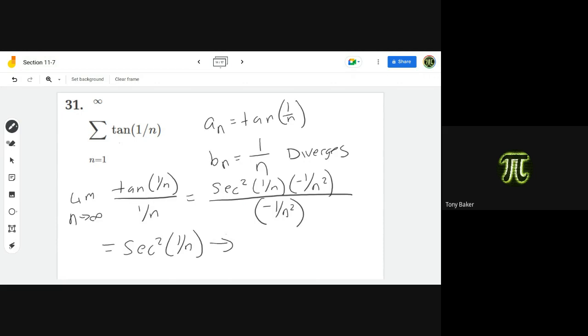So the limit of secant squared of 1 over n, what happens as it goes to 0 for secant? Secant is the reciprocal of cosine. So it's 1 over cosine of 0, and cosine of 0 is 1. So that goes to 1.